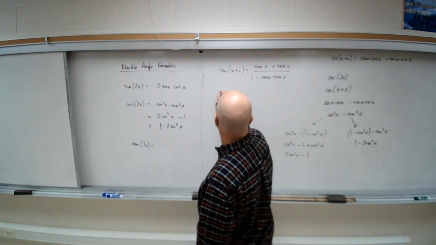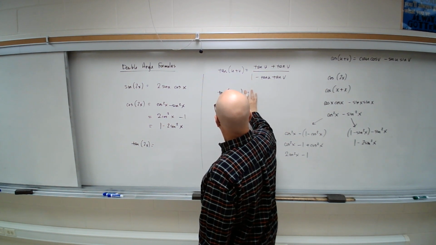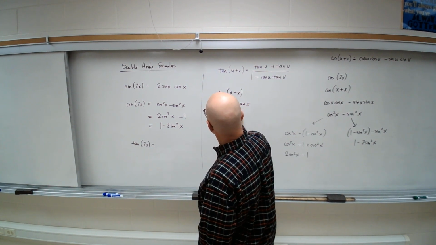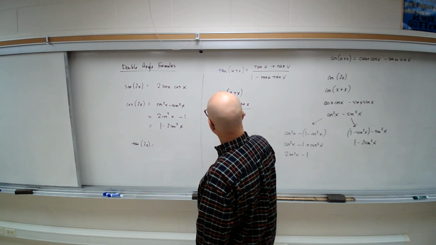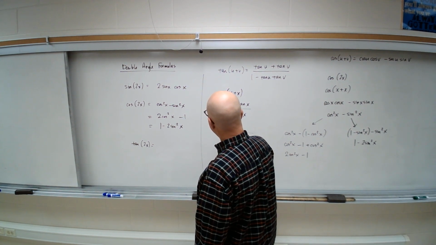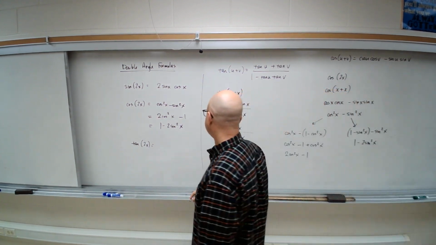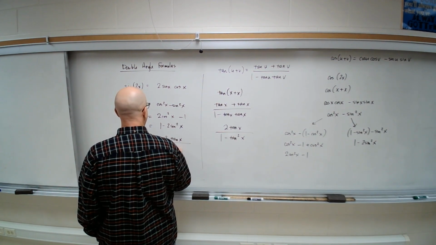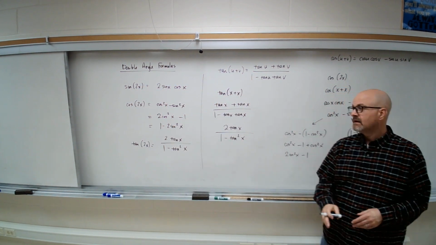So to find the tangent of x plus x, that gives us the tangent of x plus the tangent of x over 1 minus the tangent of x times the tangent of x. So we usually write that as 2 tangent x over 1 minus tangent squared x.